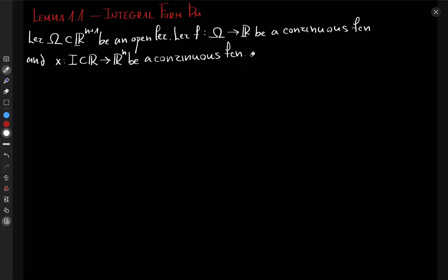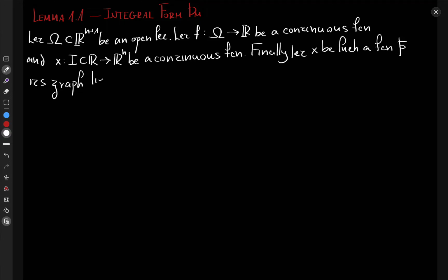And finally, let x be such a function, we have one more requirement, that its graph lies in omega. Then the following are equivalent.